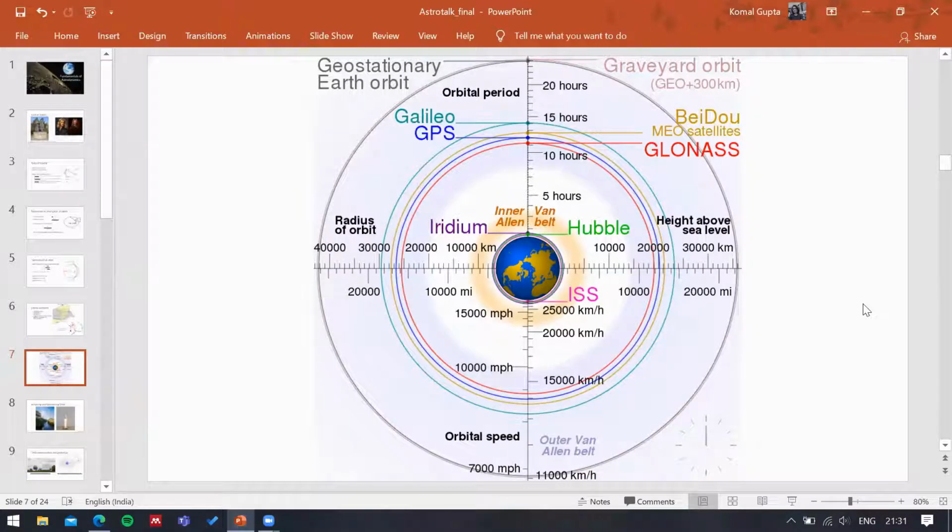Now, before I move on, I just want to say this diagram might be a bit misleading, because here we're looking at the Earth from the North Pole. So we're at a point that is above the North Pole. And it may seem that all of these orbits are placed nicely in a plane around the Earth, but that is not quite true.